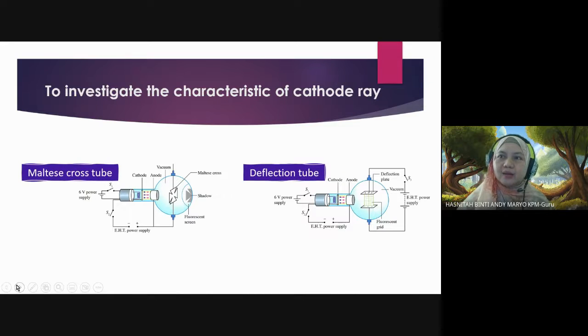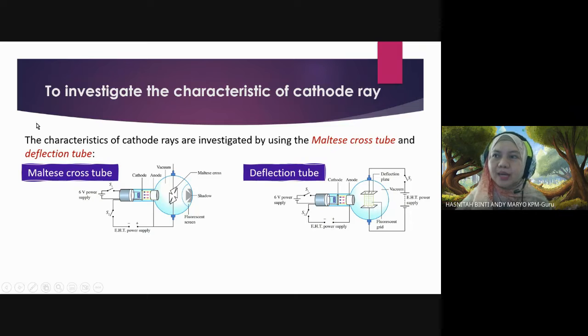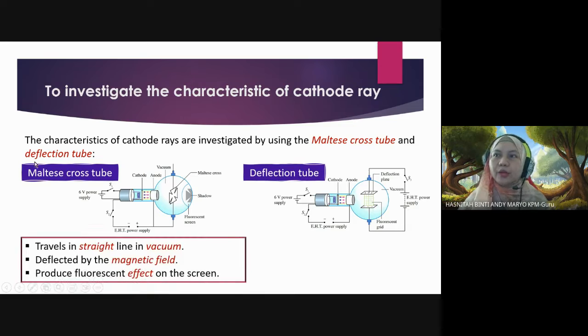So what will we find out? As I mentioned, we can study the characteristics of the cathode ray by applying these two apparatus. When we are using the Maltese cross tube, this is what we can find. Students, number one, we can see that cathode ray travels in a straight line in this cathode ray tube.